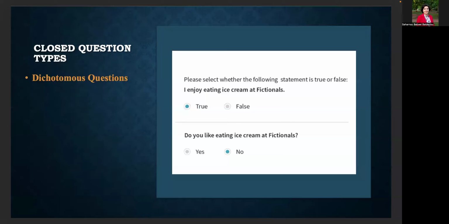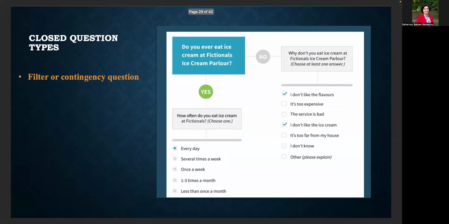Filter or contingency questions direct respondents to different follow-up questions based on their answer, and this keeps surveys relevant and efficient. Scaled questions use numerical or descriptive scales to measure intensity, frequency, agreement, or satisfaction.